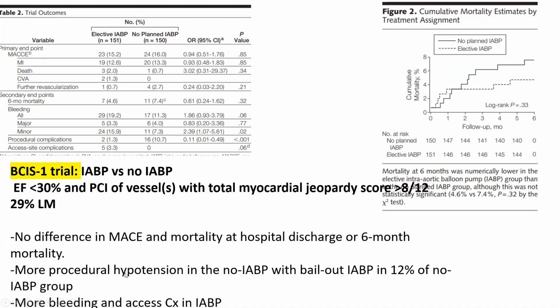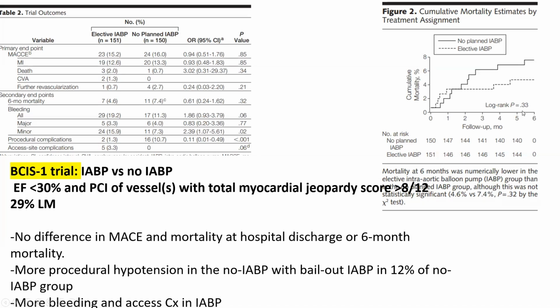As you'd expect, there was more procedural hypotension in the non-balloon pump arm, and bailout balloon pump was used in 12% of that non-balloon pump group. So 10 to 12% need for balloon pump and for support if you didn't use it up front. And there was more bleeding and access complications in balloon pump.